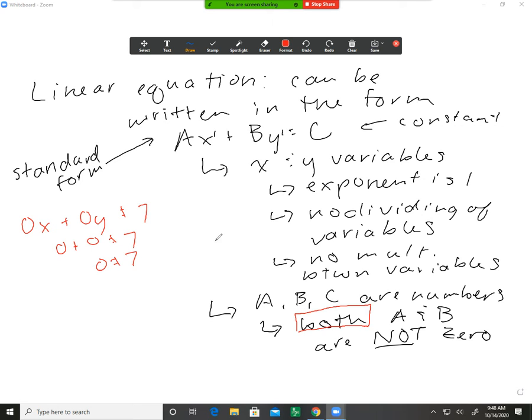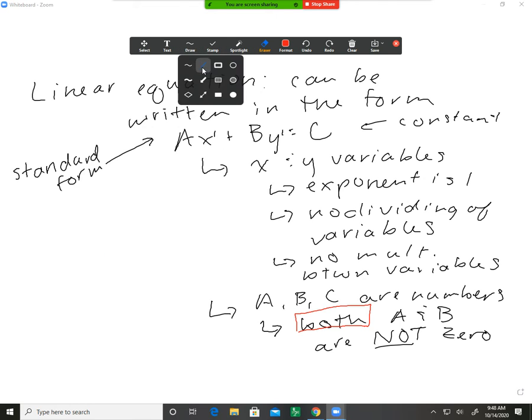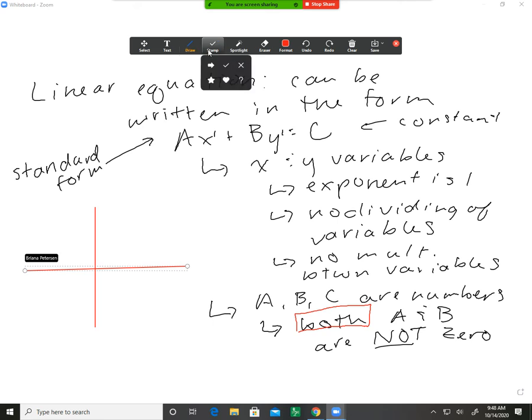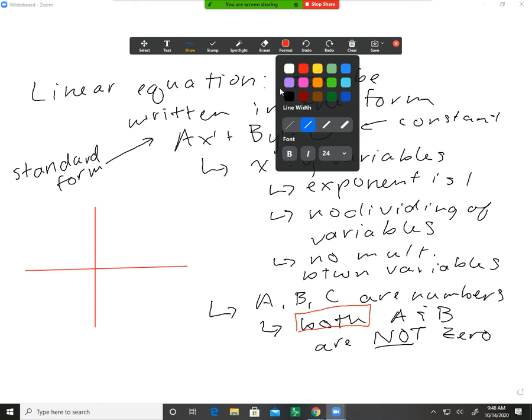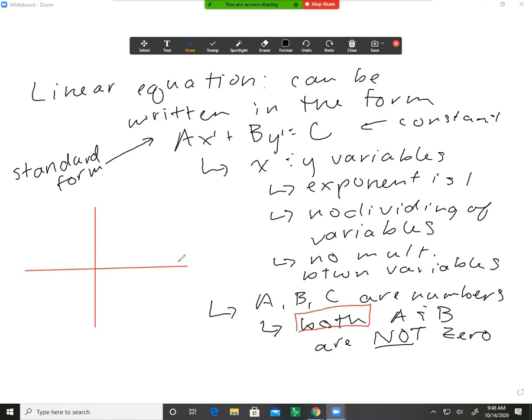All right. Also, linear equations always look a certain way on a graph. Let's label this graph quick. This horizontal line, what do we call that? That's the x-axis. If we're going to label it, this would be 1, 2, 3, 4, going positive.